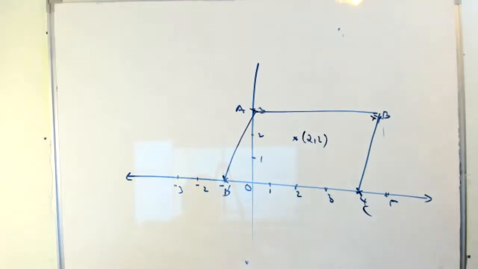Okay, plot the points -1, 0, 1, 0, 1, 1, 0, 2. So after -1, 0 it is 1, 0, yeah? Okay, 0, 2 and -1, 1. So there are five points, right?